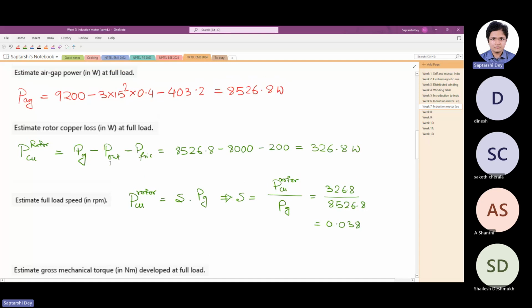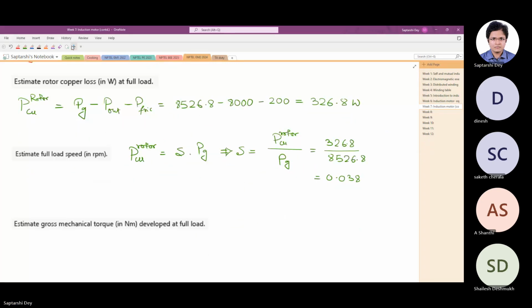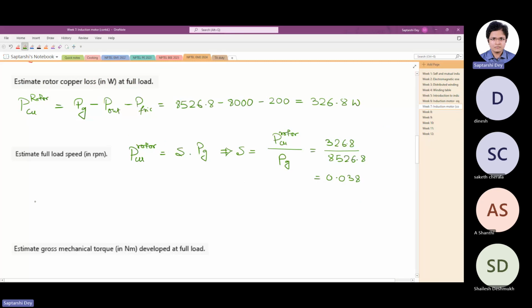Now you already know the synchronous speed, 720 rpm. We know that slip is (omega s minus omega r) by omega s, which will give you this much rpm. So this is the full load speed.